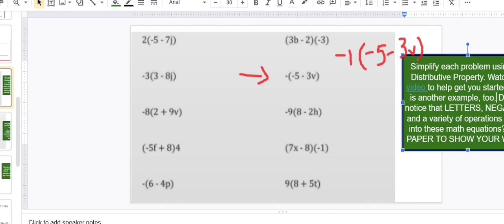But it's important to know that that is what's happening, because essentially you're going to take -1 and distribute it to everything inside of your parentheses, right? So you're going to take -1 and multiply that by -5.